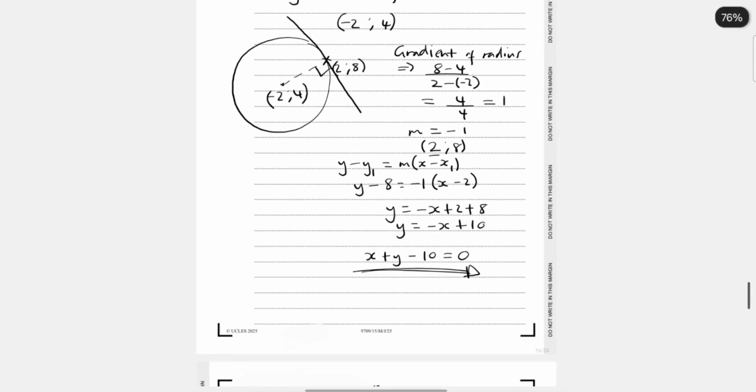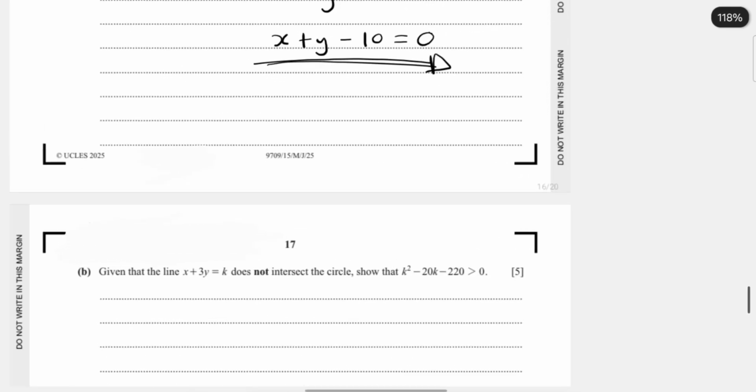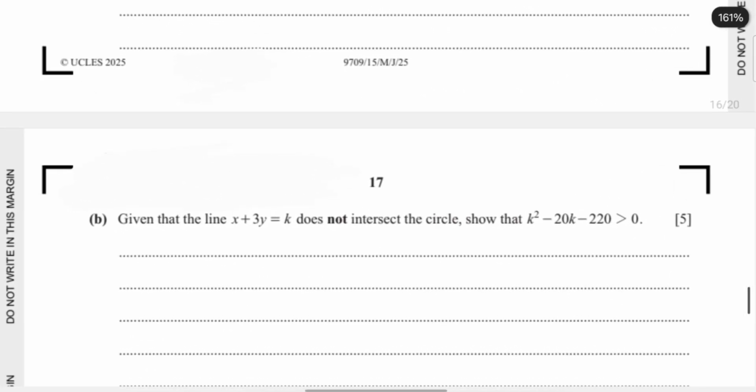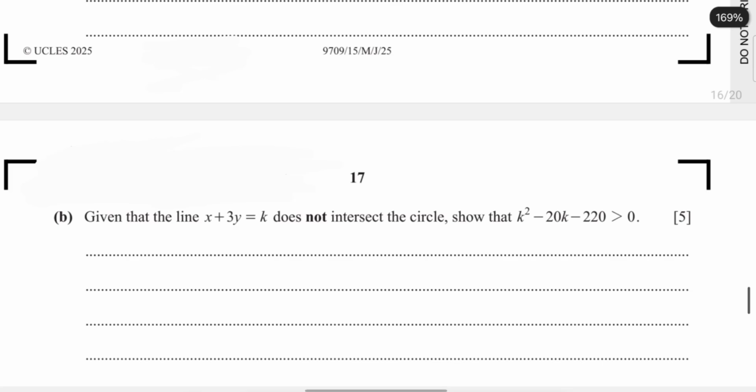And moving on to the next part, part B, says given that the line x plus 3y equals k does not intersect the circle, show that k squared minus 20k minus 220 is greater than 0. Right?